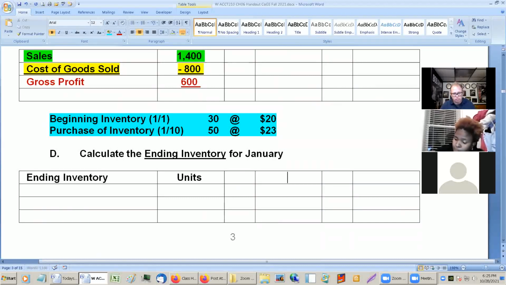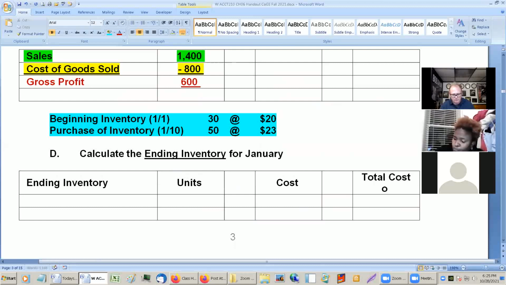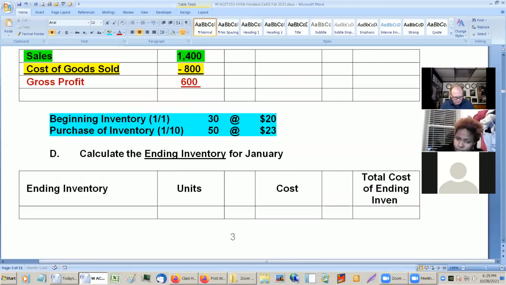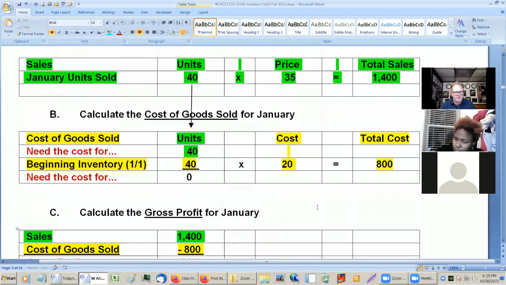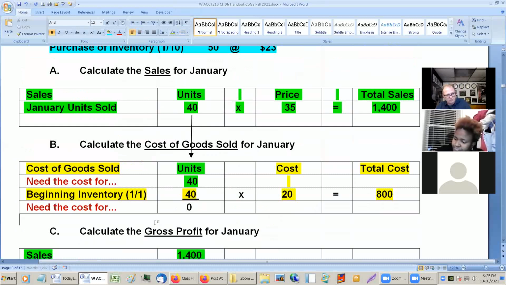Cost. And now I really messed up my spacing.